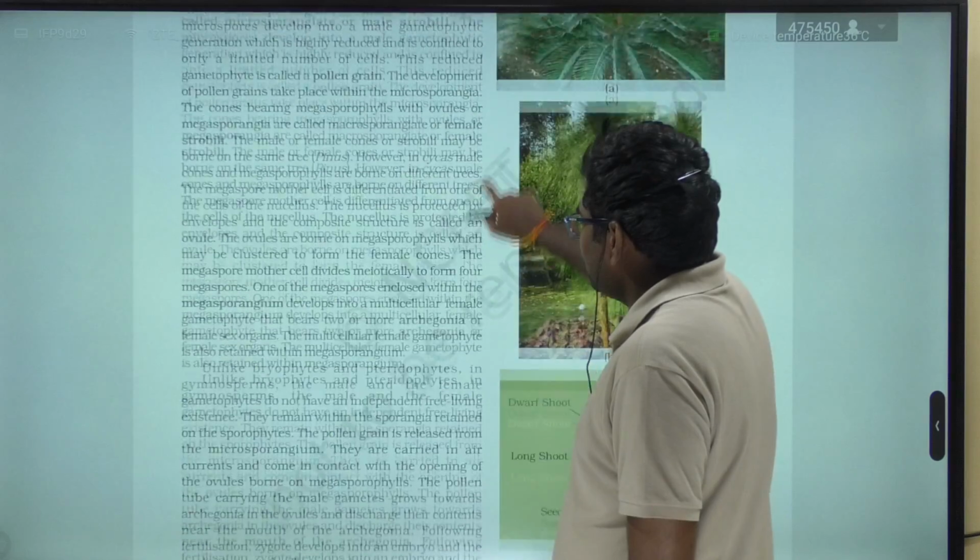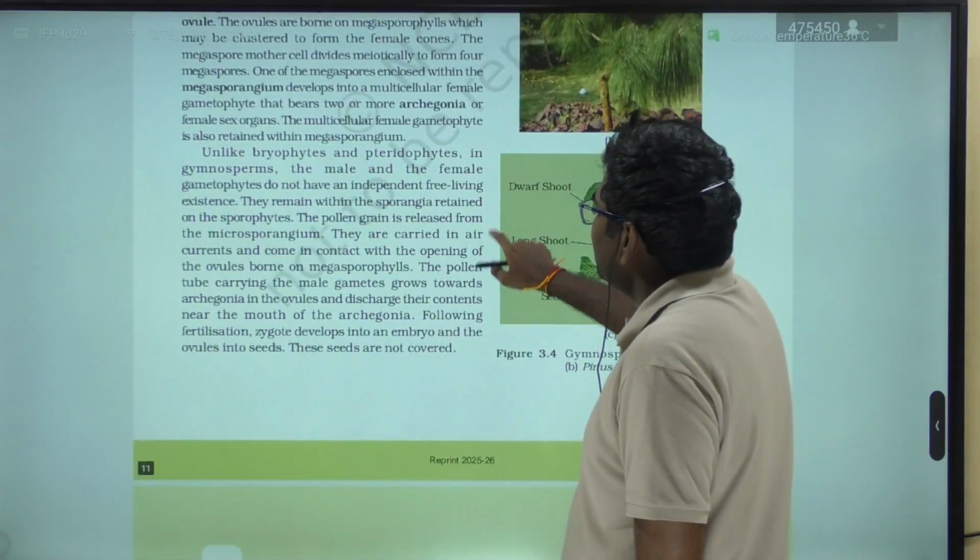And here the most important point is endosperm.